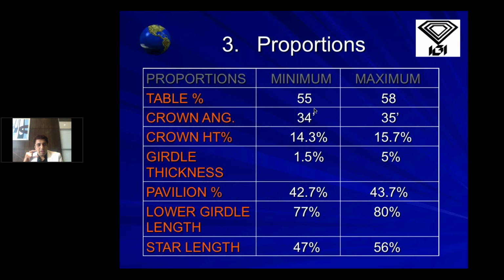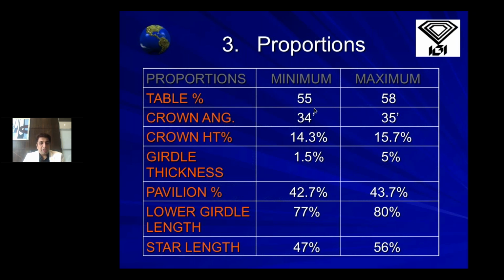If it gets very thick, you may lose out on the effect, or the arrows don't seem like they're ending at a point but left open, like chopped arrows from the top. Pavilion percentage, you can't play much, 42 to 43%. Lower girdle length and star length guidelines have been given to you.